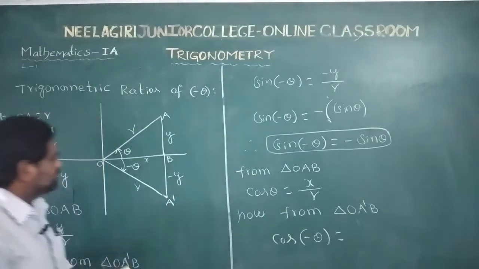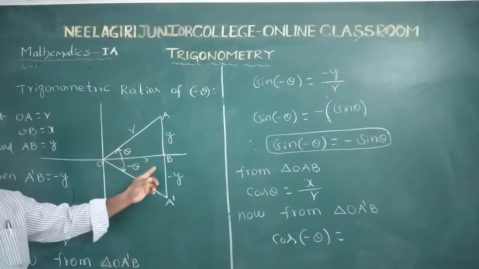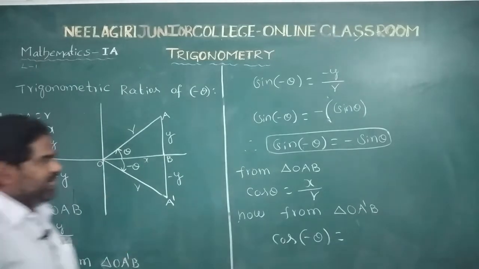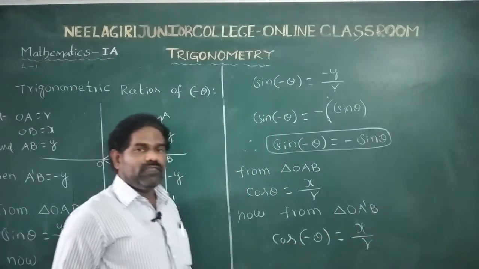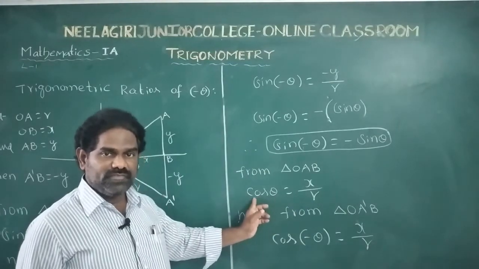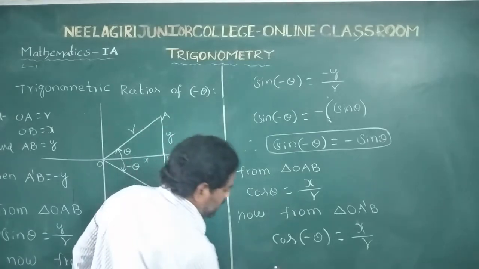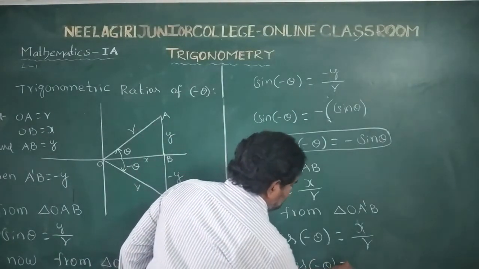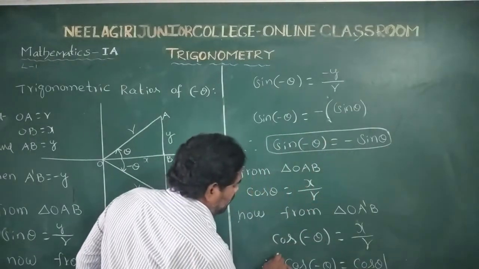From triangle OA dash B, adjacent side is x, hypotenuse is r, so x by r. Already we got the value of x by r, it is cos theta. Therefore cos of minus theta equals plus cos theta.